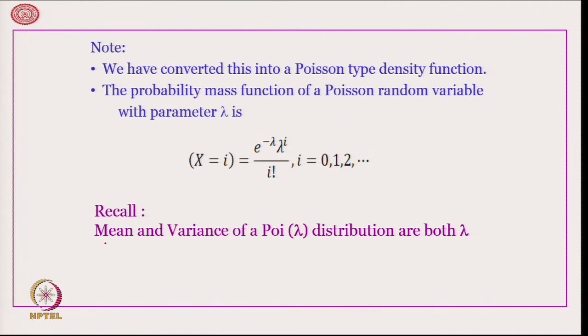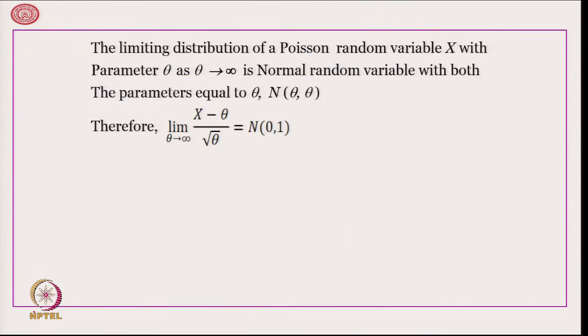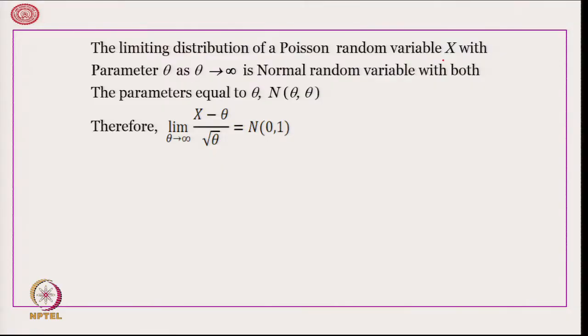Now, recall that the mean and variance of a Poisson lambda distribution are both lambda. The limiting distribution of a Poisson random variable x with parameter theta, as theta goes to infinity, is a normal random variable with both parameters equal to theta, that is normal theta, theta.